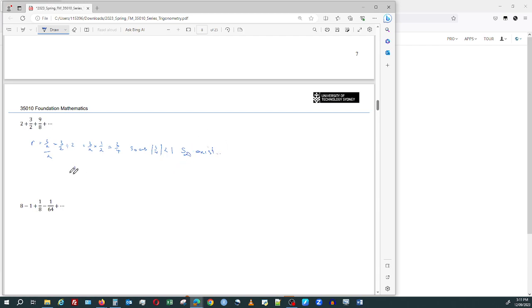So S infinity is going to be equal to our reduced formula, a1 over 1 minus r. Our first term is 2. There it is.